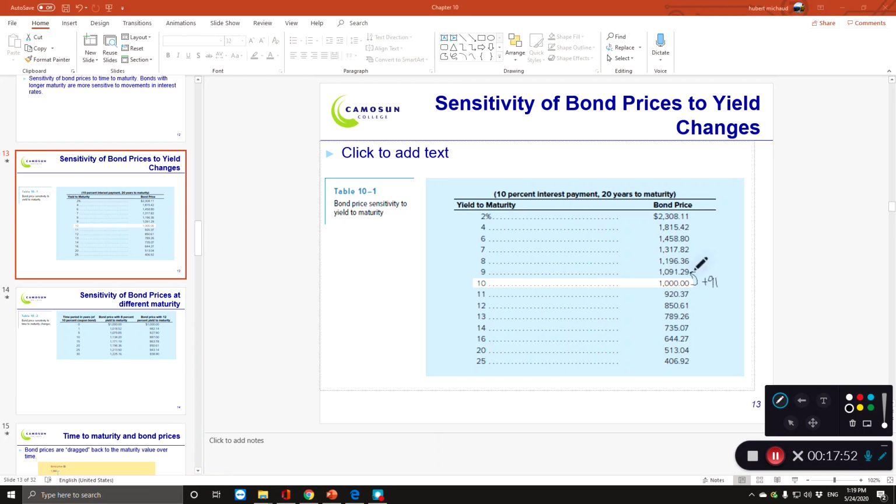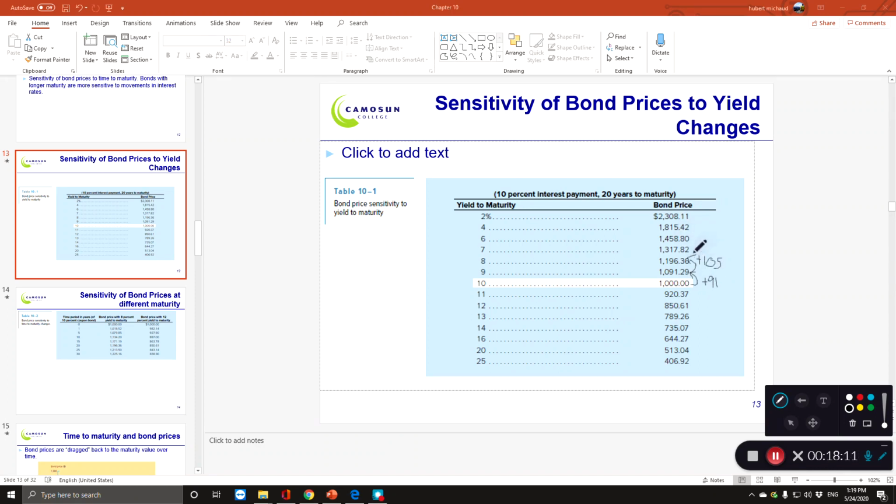When the interest rate decreased from 9 to 8, by how much does the bond go up? The bond price goes up by roughly 105, right? So as the interest rate decreases more and more, the acceleration in the increase in the bond price keeps getting bigger and bigger and bigger.